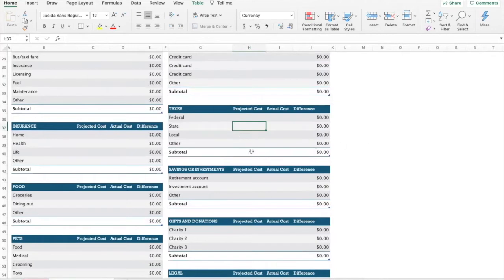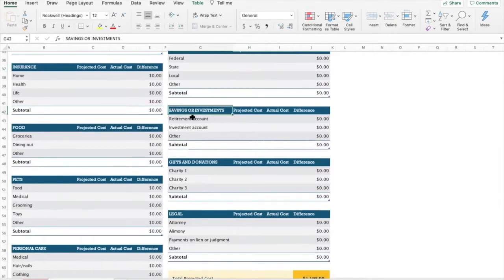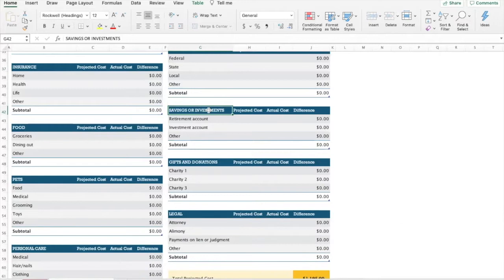So include that. And one thing I want to also mention, and I'm glad we got to this point, is savings or investments. And this is actually on the budget that I created, which I'll show you shortly. Yes, this is money going to a particular account that you're saving.